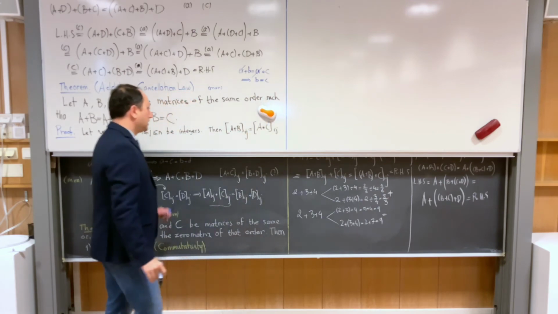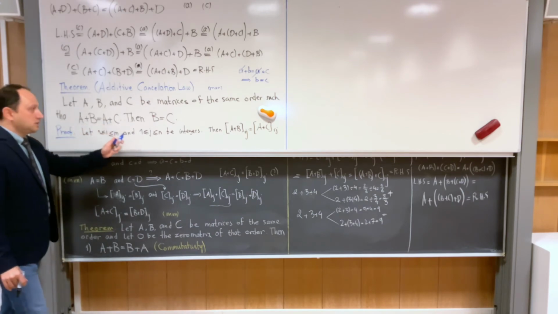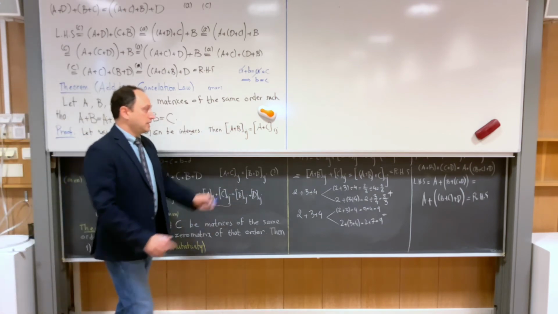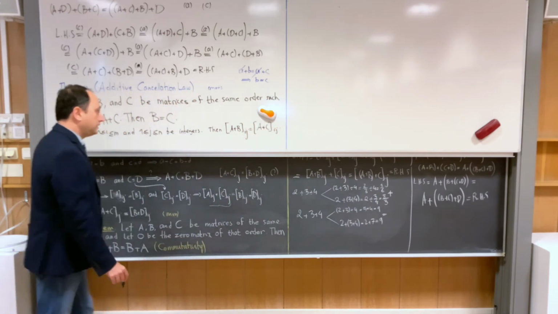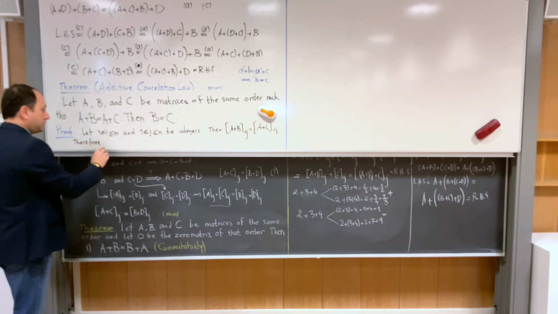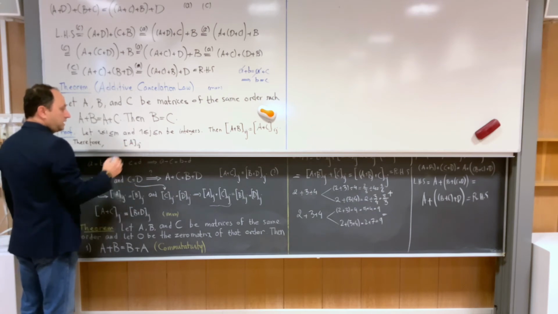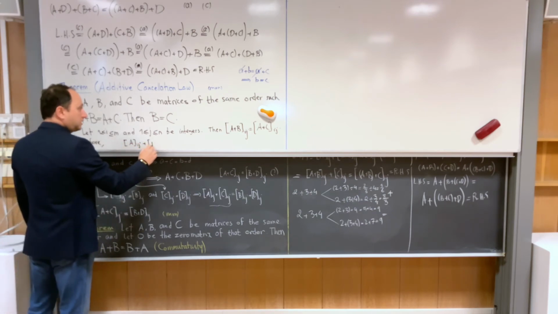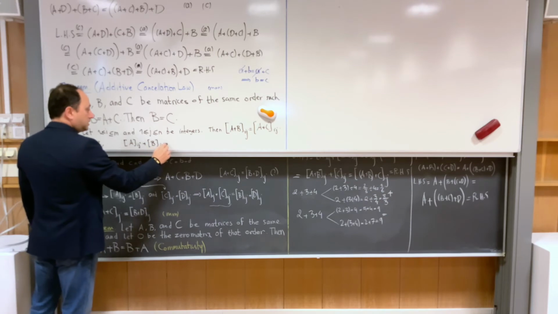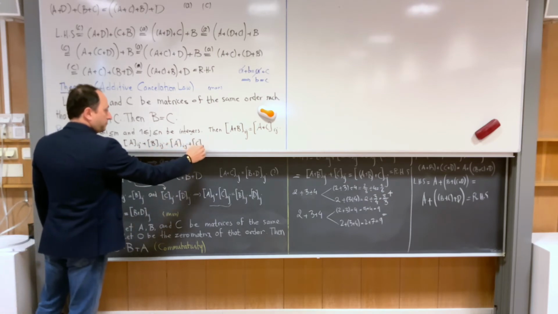Why is that? Because you told me that A plus B is equal to A plus C, so it means that I can conclude this statement. But according to the definition of addition, I can write what? I can write a sub ij plus b sub ij is equal to a sub ij plus c sub ij. Yes?